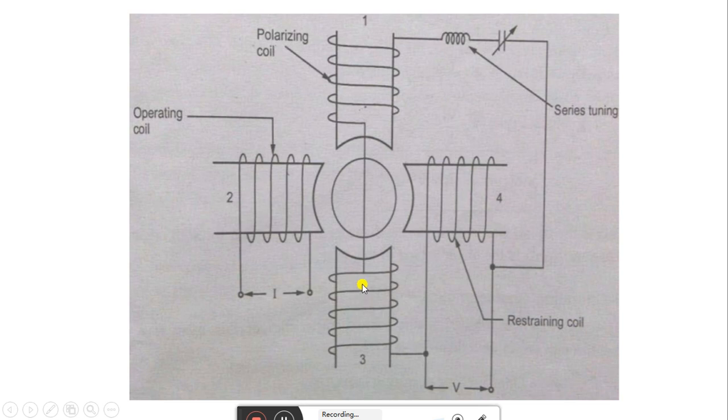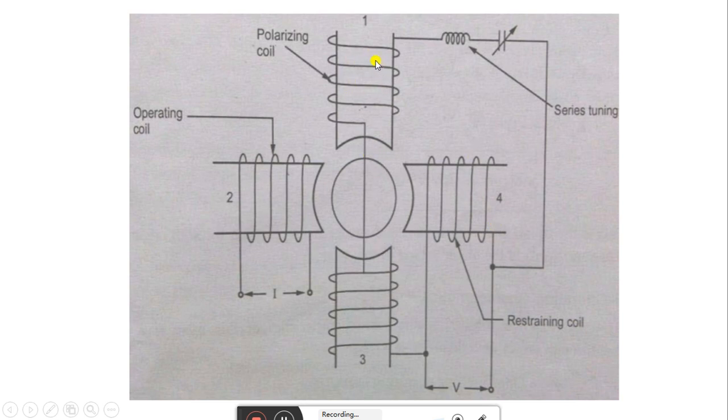So again, since we have a 4-pole structure, we have an operating coil which is supplied by the current, and we have a polarizing coil which is supplied by the voltage. The restraining coil is supplied by voltage, and the interaction is between the operating coil and this restraining coil, the voltage and current element.